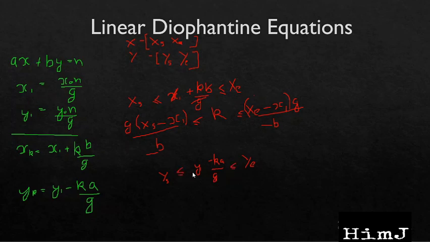Now again subtracting y1 from both sides, then multiplying by g and dividing by a, and again multiplying by negative 1, the signs will get reversed. So we will get something like this, should be less than ys minus y1 times g divided by a. So this will be positive and this will be negative.